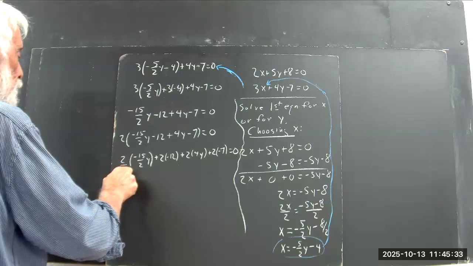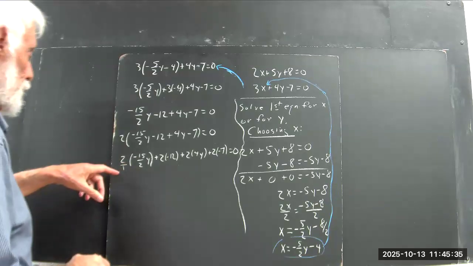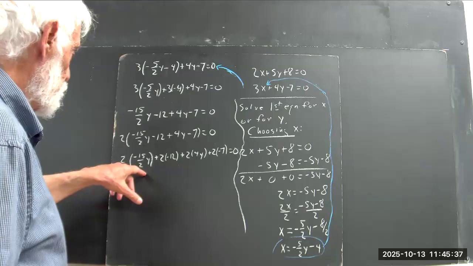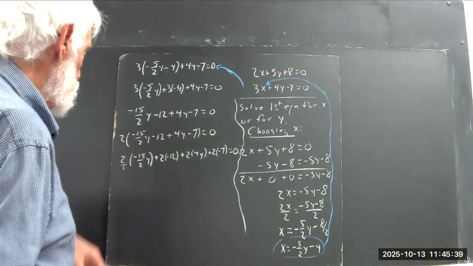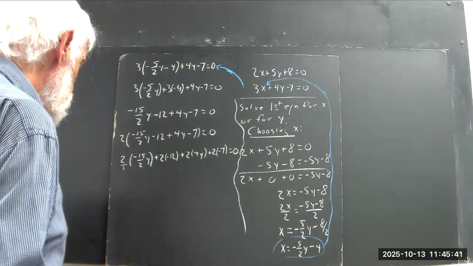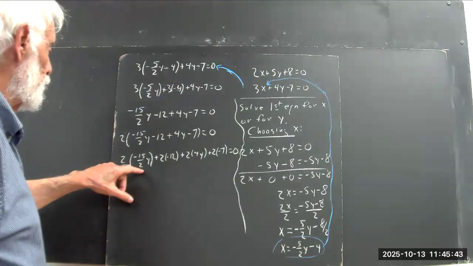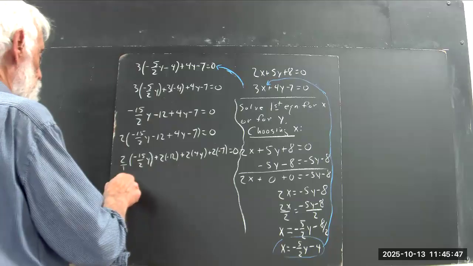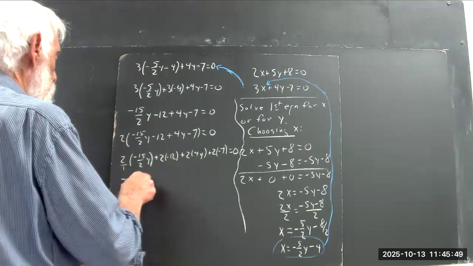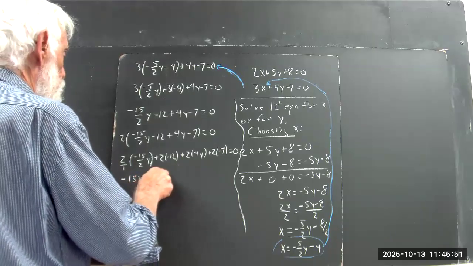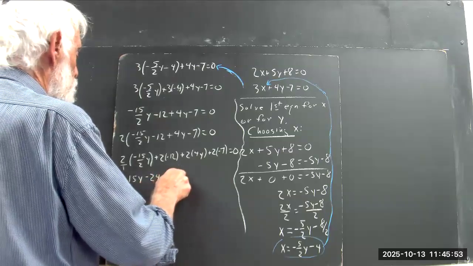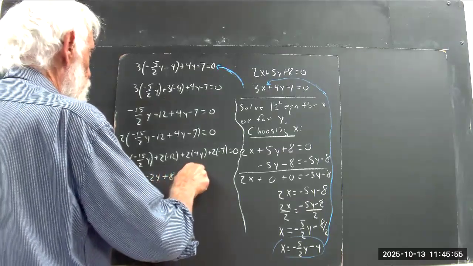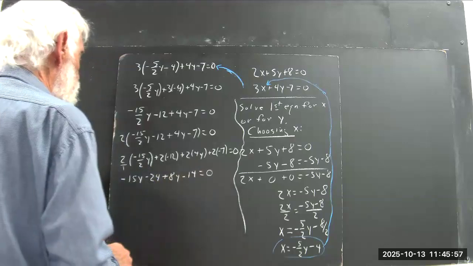Then we write this as 2 over 1, because now we can see I multiply the 1 by the 2 and the 2 by the negative 15, I'll get negative 30 over 2. Main thing is 2 is a factor of the denominator, it's a factor of the numerator. So now I can write this as negative 15y minus 24 plus 8y minus 14 equals 0.